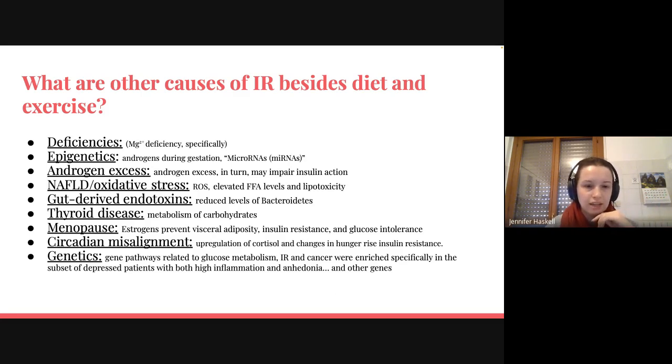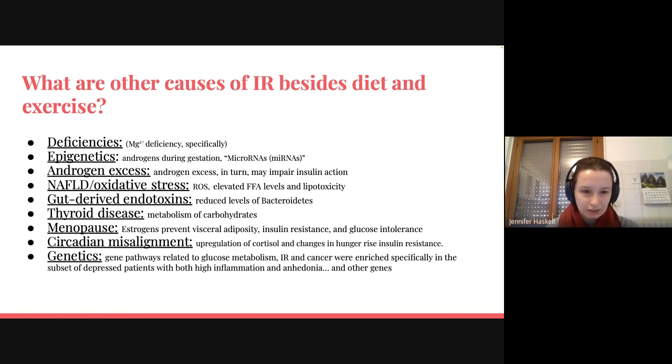The gut-derived endotoxins, there's been a lot also about these bacteroidetes and how people with obesity or insulin resistance might have more of these than other phyla. Thyroid disease and how you metabolize carbohydrates. And for menopause, estrogen can have a preventative effect against insulin resistance and glucose intolerance. This circadian misalignment idea, where your cortisol levels might change your glucose homeostasis and insulin resistance.